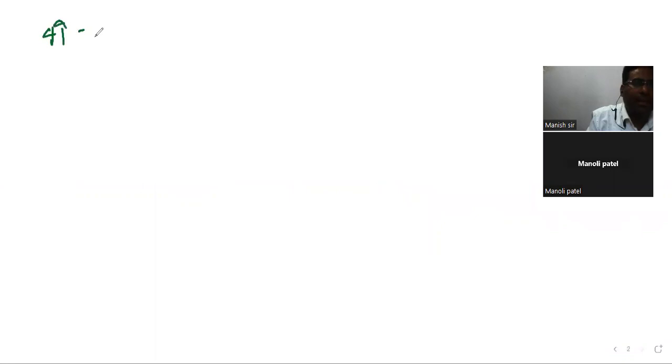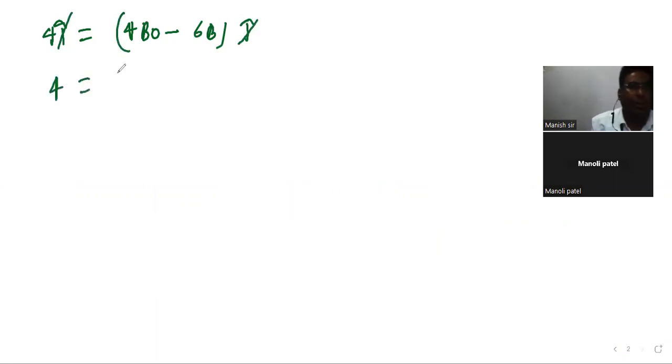So 4I is equal to how much? It is 4B naught minus 6B of the I unit vector, right? So this I and I will get cancelled. So 4 is equal to 4B naught minus 6B. So this will be the first equation.